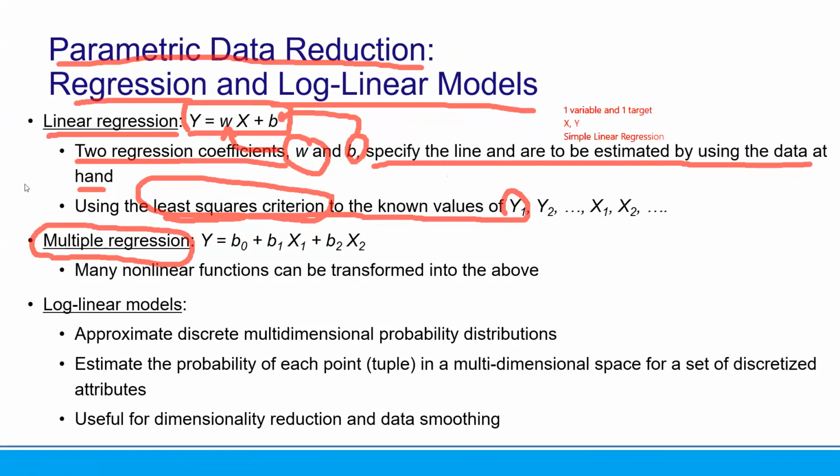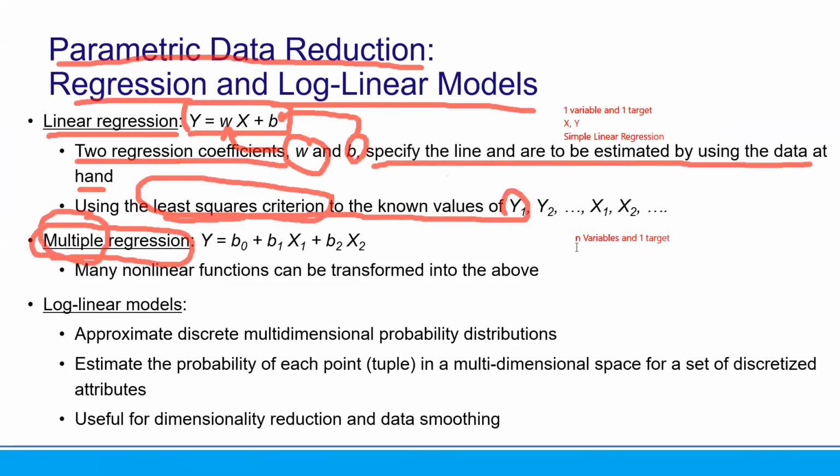We can have another variant, we call it multiple. We call it multiple because we have n variables. N variables means we have many variables, and we will have one target.